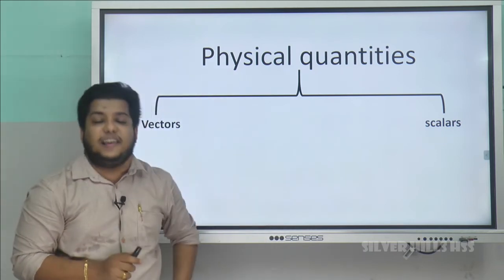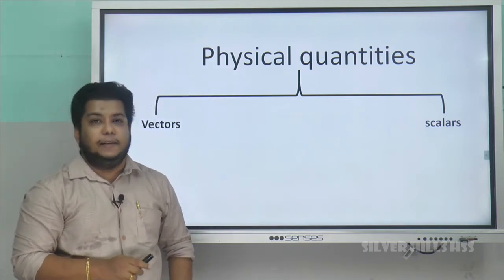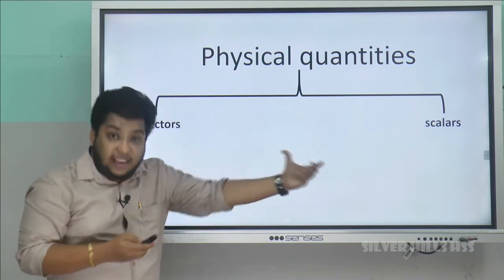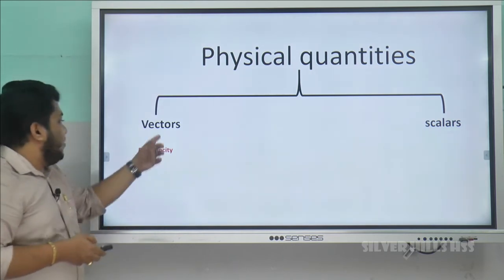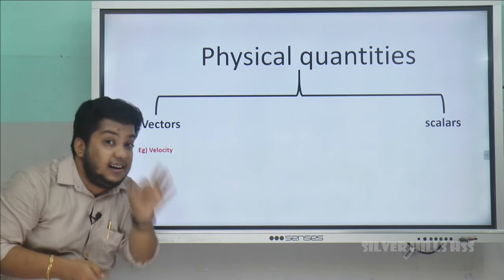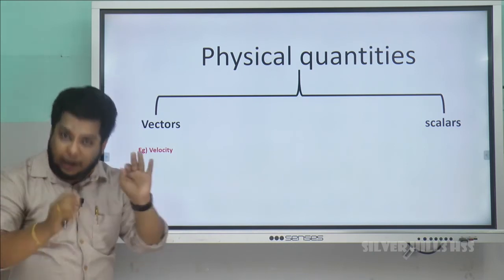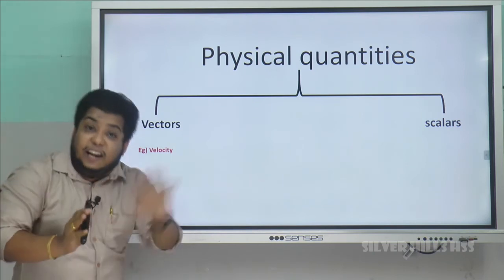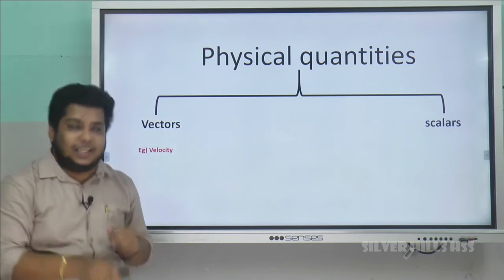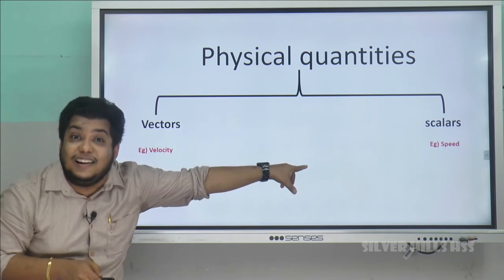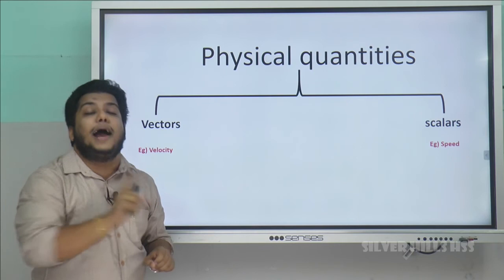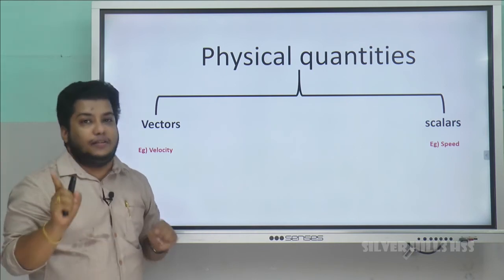Now we are going to discuss examples of vectors and scalars. One example of a vector quantity is velocity. Velocity is considered a vector quantity because it has its own magnitude and direction. At the same time, speed is considered a scalar quantity because it has only magnitude, no direction.